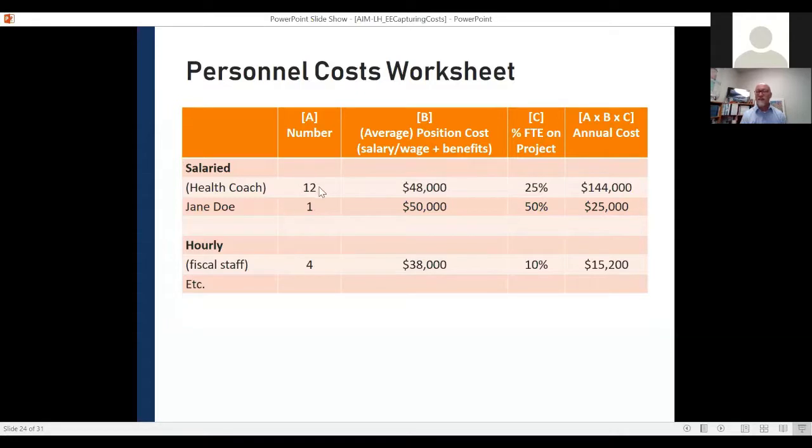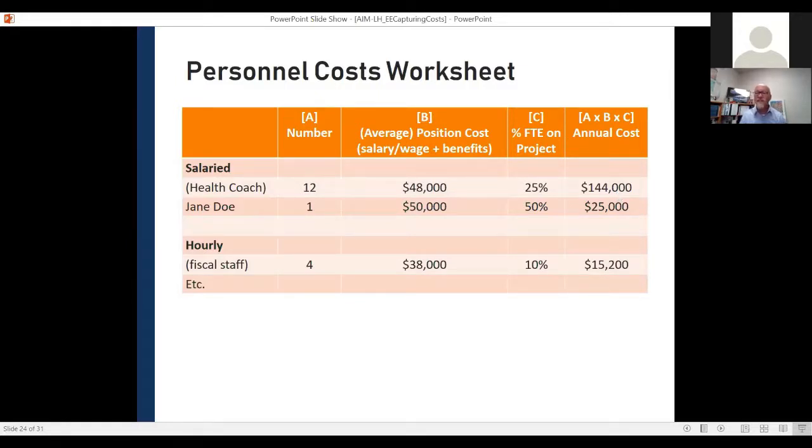We have 12 of these people, but they don't just work on our particular project. Maybe they're not only working on diabetes, but they're also working on smoking cessation, but we only want to know the portion that they're working on diabetes prevention, and we're going to estimate that as 25% of their time. And then those three columns get multiplied together to come up with the 144,000.